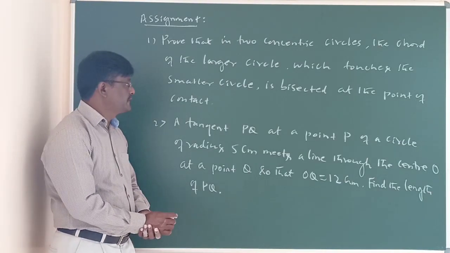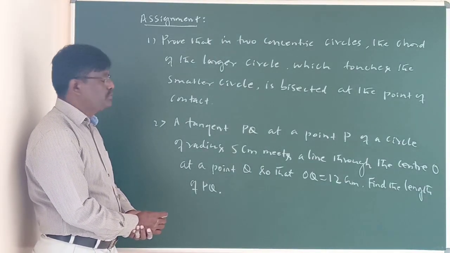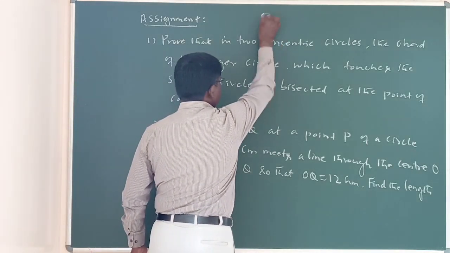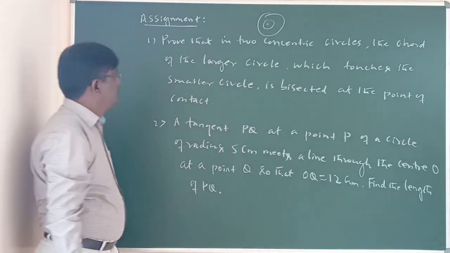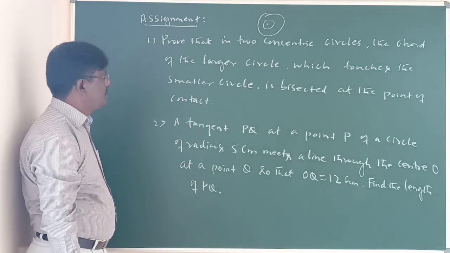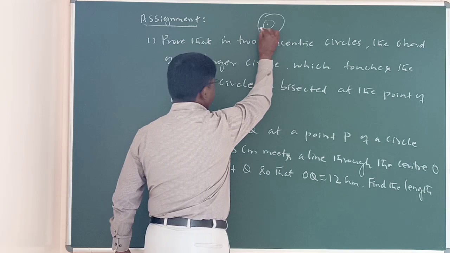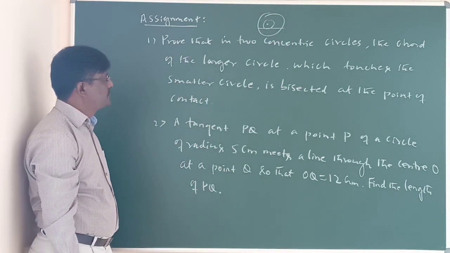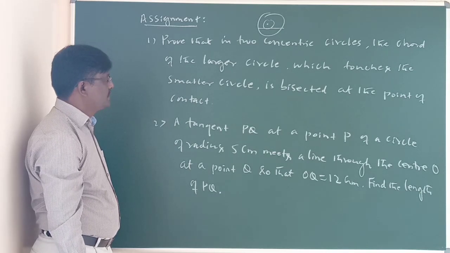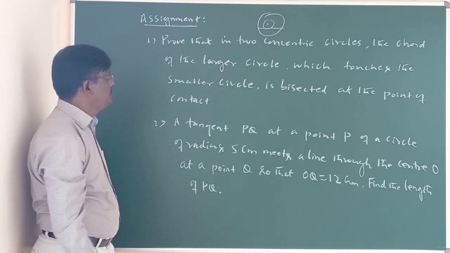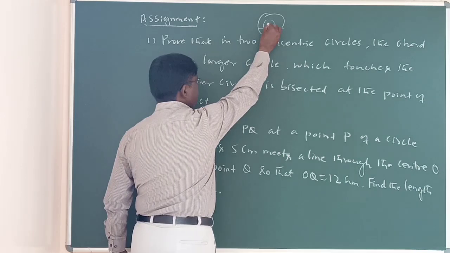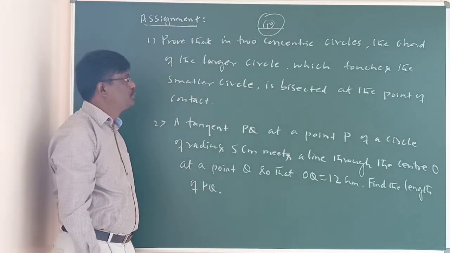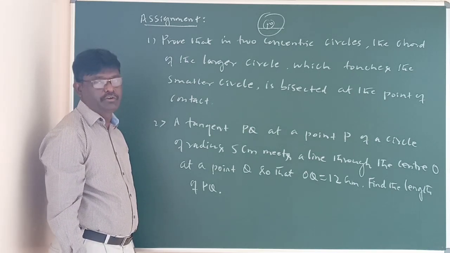So today's assignment: prove that in two concentric circles, the chord of the larger circle which touches the smaller circle is bisected at the point of contact. You can do it by proving two triangles as congruent.